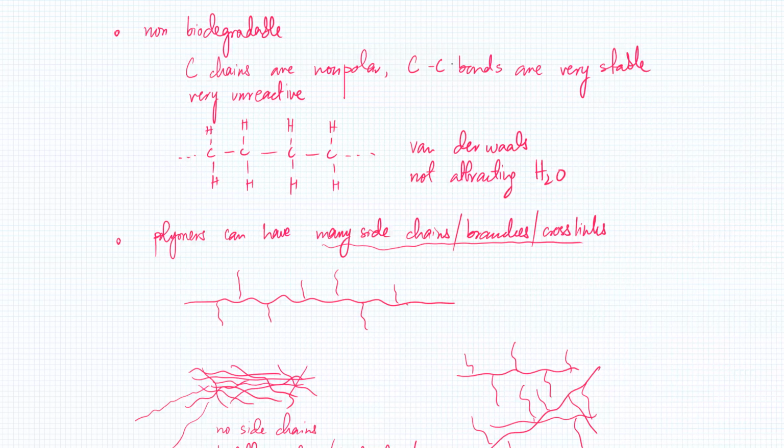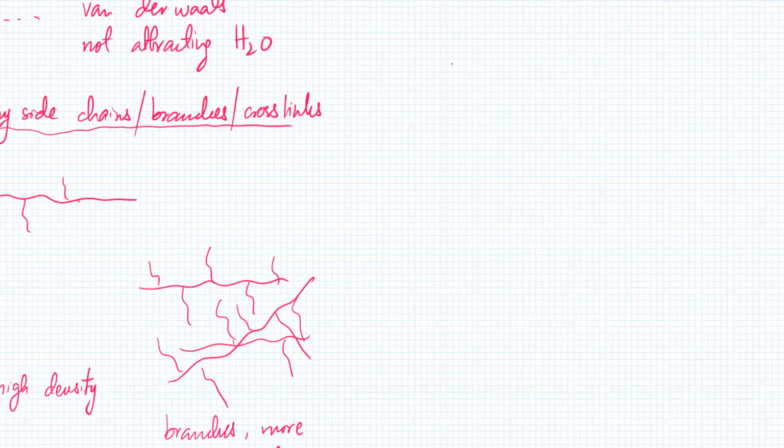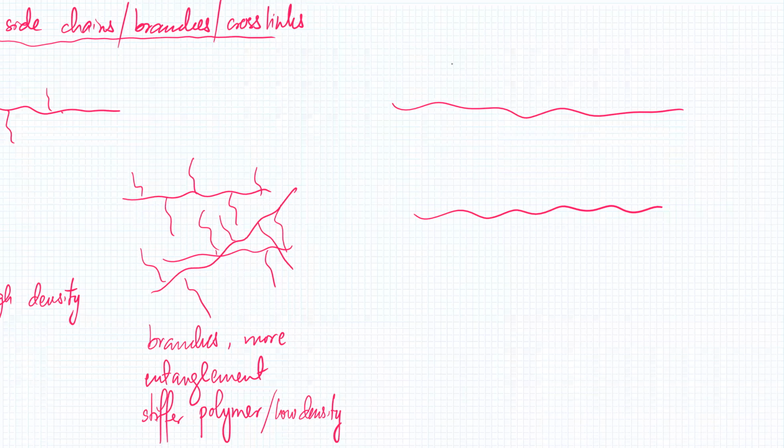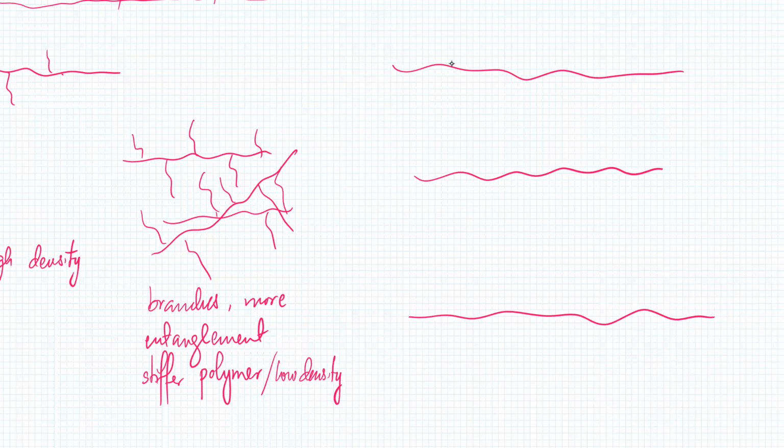There's another concept which is cross-linking. If you have two polymer chains, then there could be certain groups attached on the polymer chains. Like there might be an OH group on one chain, and a carboxylic acid group on the other chain.